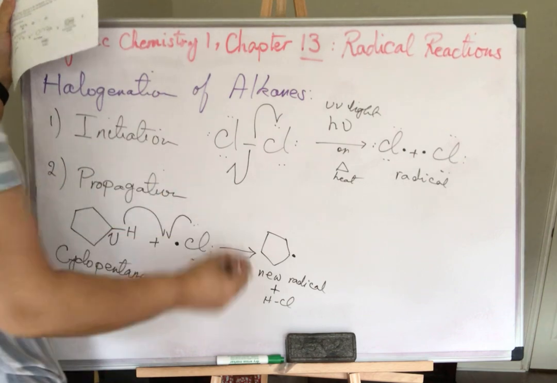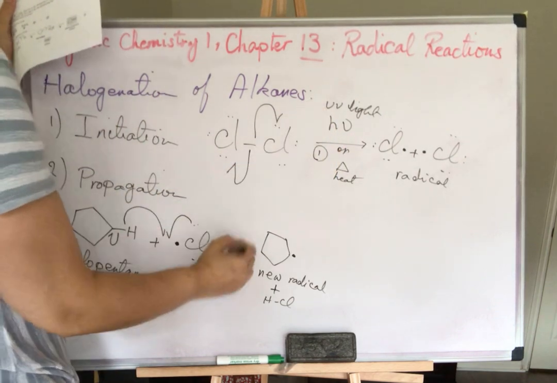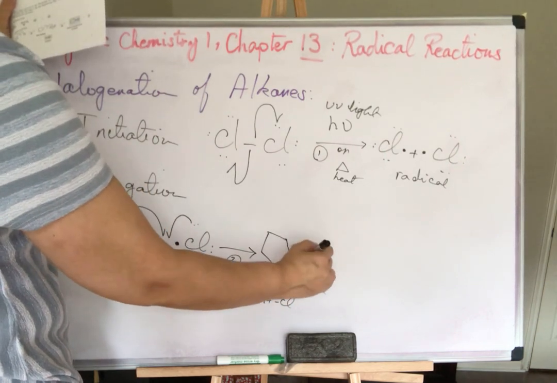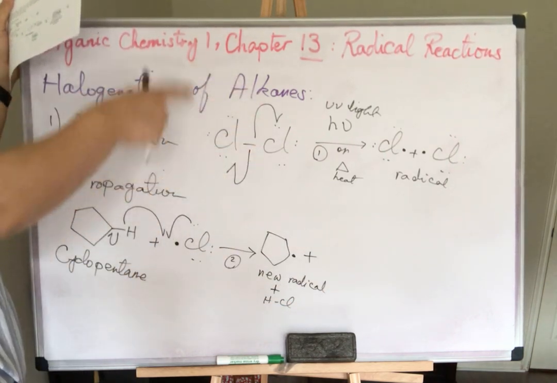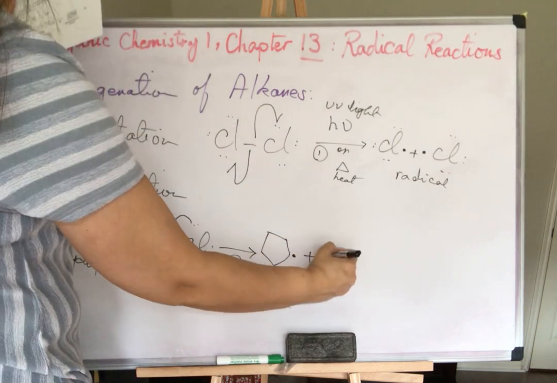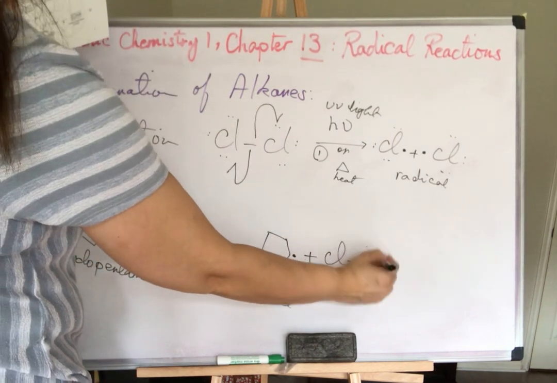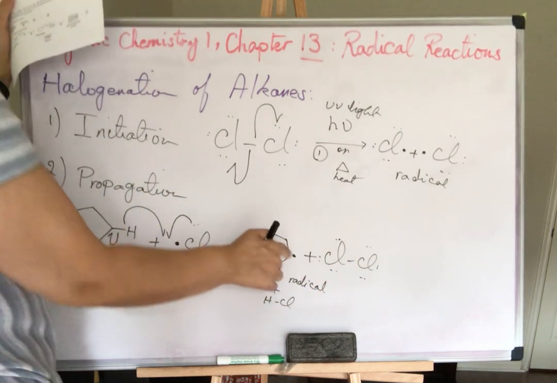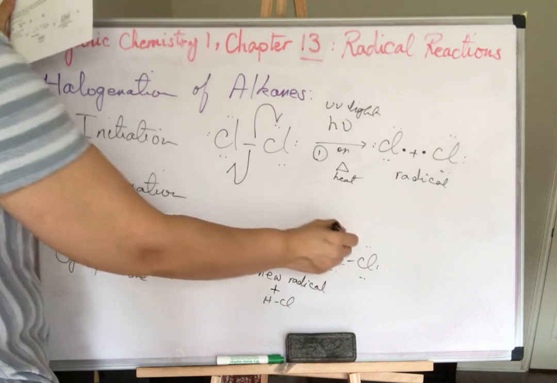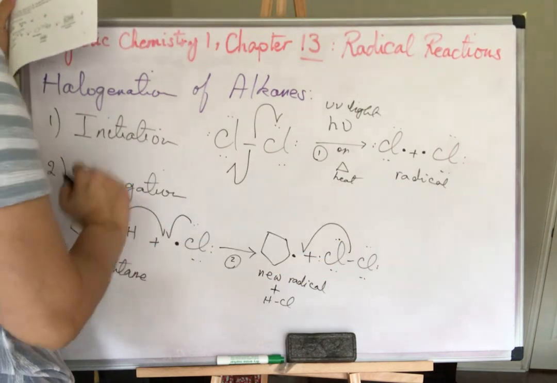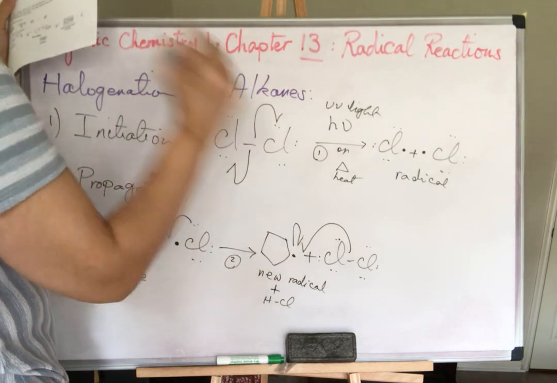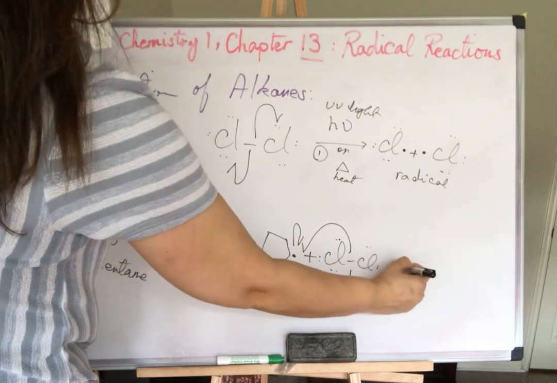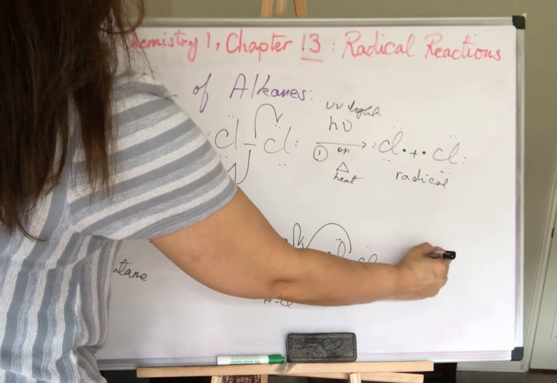If you call that the first step, this is going to be the second step. We will have a reaction between a chlorine molecule and this new radical. Now the radical needs one more electron again. So one of the chlorines will put an electron with this radical and a new radical will form.